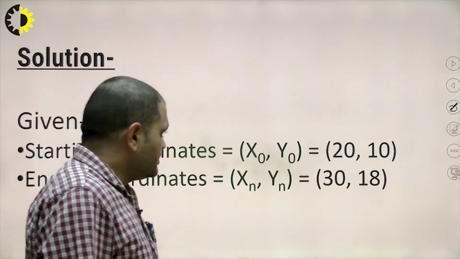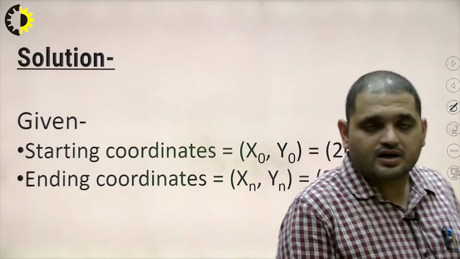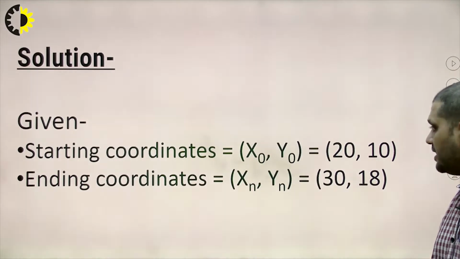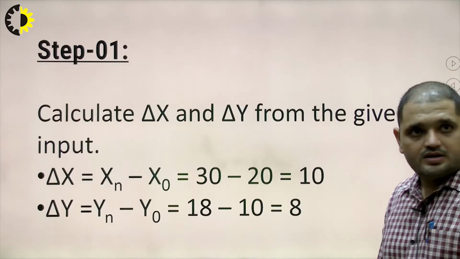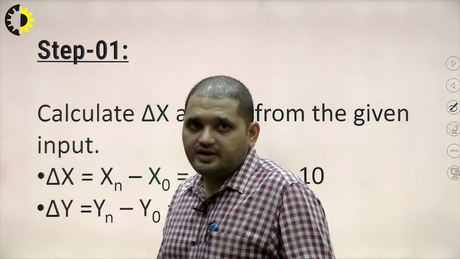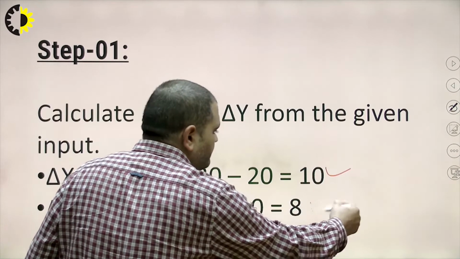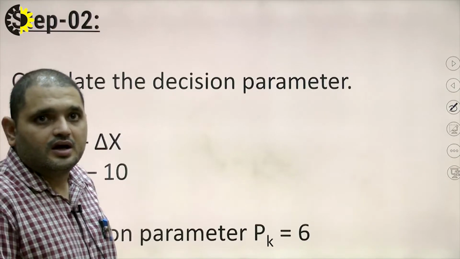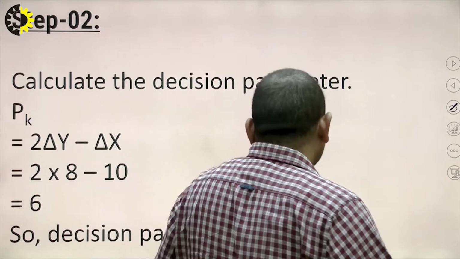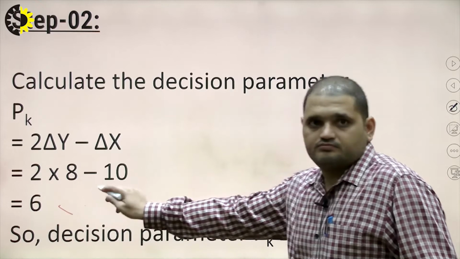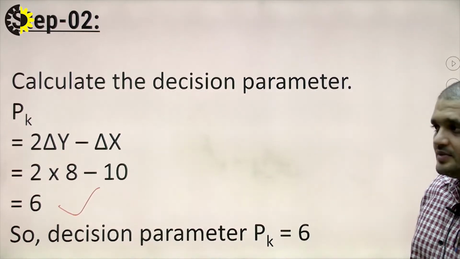So we can see here the starting coordinate and ending coordinate. We can calculate the values of del x and del y easily, which are 10 and 8. We can calculate the value of pk, which comes out to be 6, the decision parameter for the starting purpose.